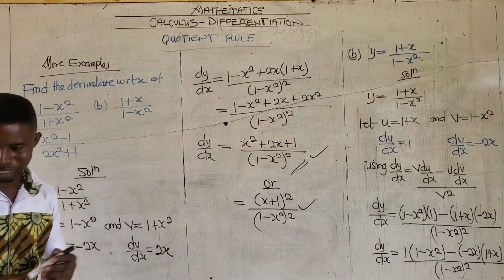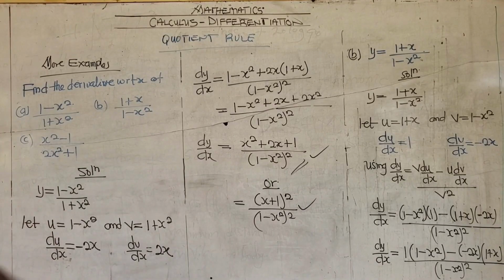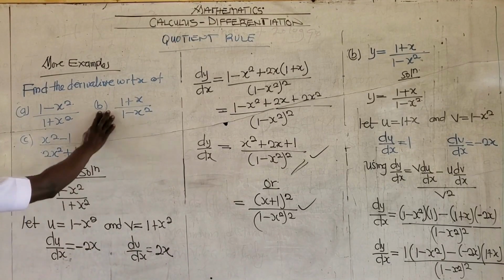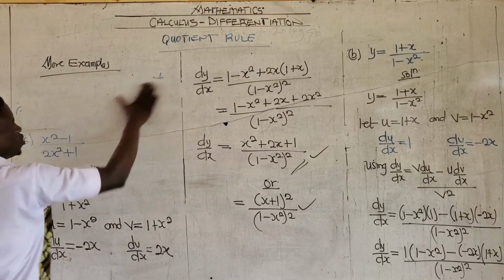Let's go to the last question. Let's solve the last question, and that will be number 8 for quotient rule. So we are left with the last question here.